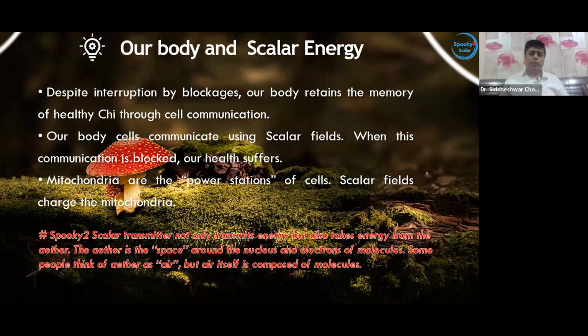Another important point about scalar field is that it is the field which our cells use to communicate with each other.